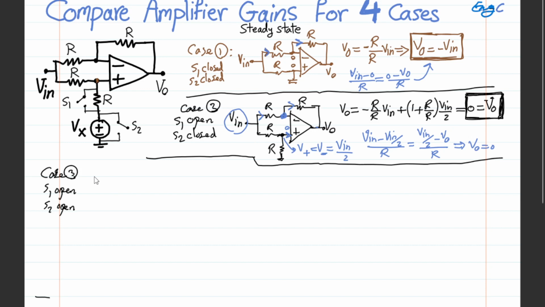So in case 3, with Vx as a part of the superposition, when Vx is 0, we can see that the situation becomes like case 2 for V in.